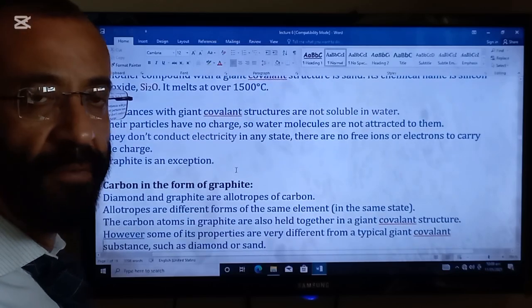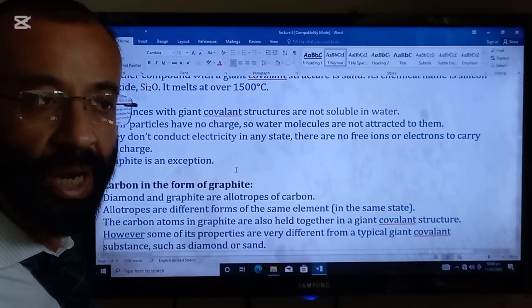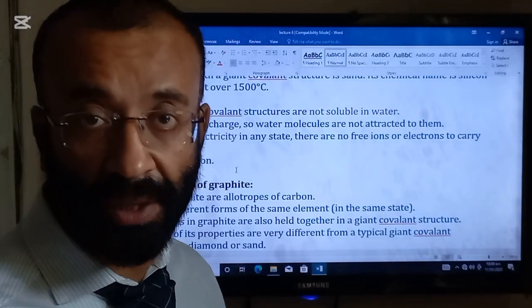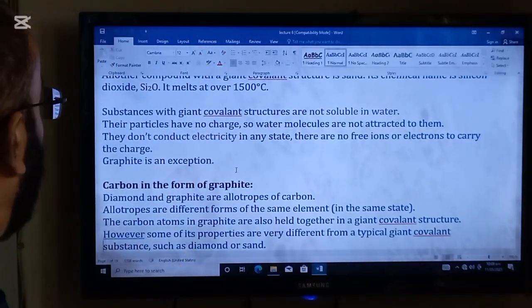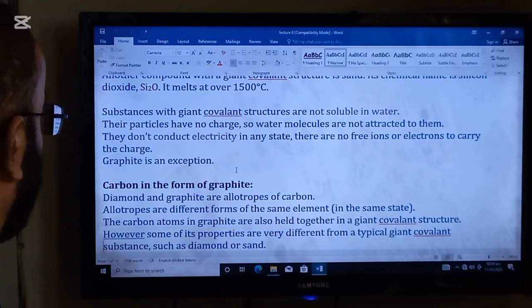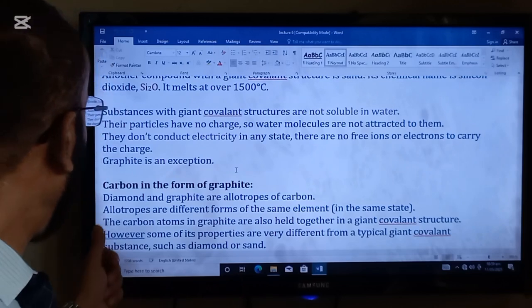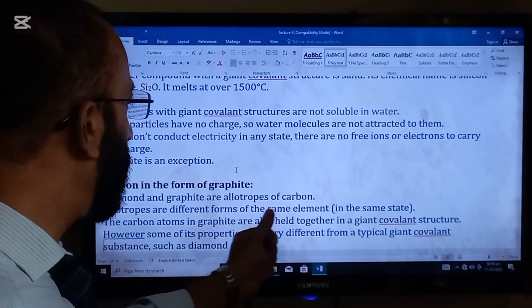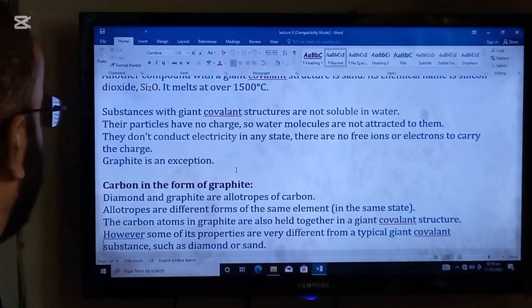Next point, very important, which we are going to discuss in giant molecular structure is graphite. Carbon in the form of graphite. Diamond and graphite are allotropes of carbon.